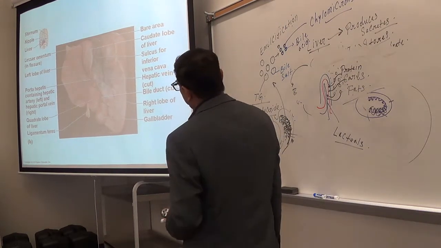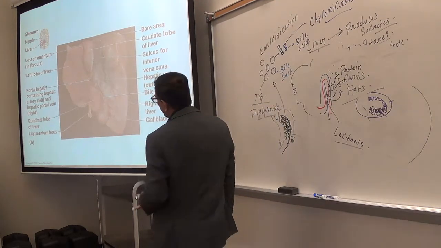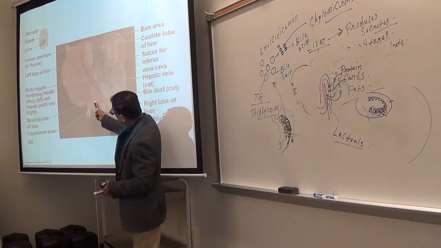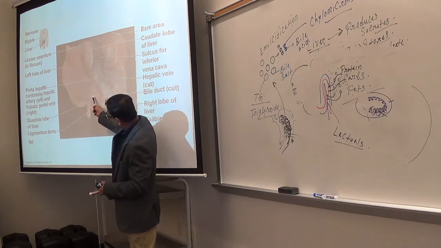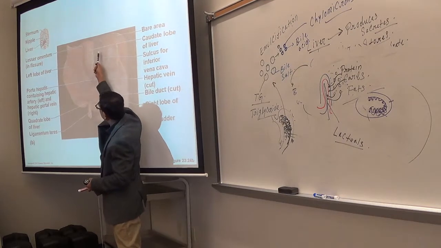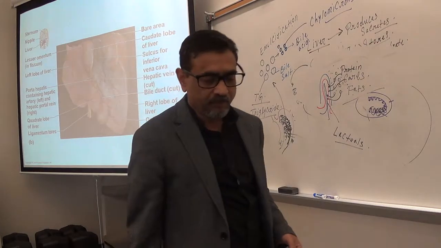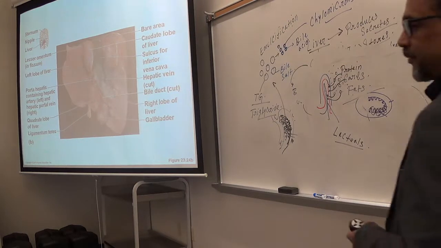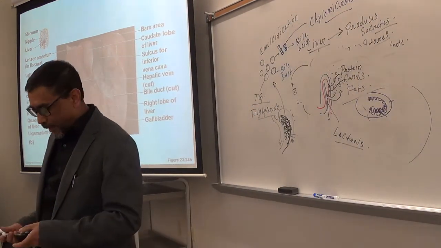If I ask you which one is quadrate, which one is caudate, an easy way to know: quadrate is more rectangular, and next to the gallbladder. This is the gallbladder, and this is quadrate. And caudate is next to the inferior vena cava, which passes through that sulcus, the depression. So how many lobes does the liver have? 4. Which one is the largest? Right lobe.